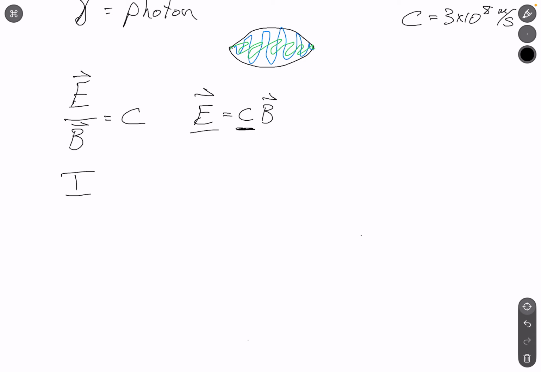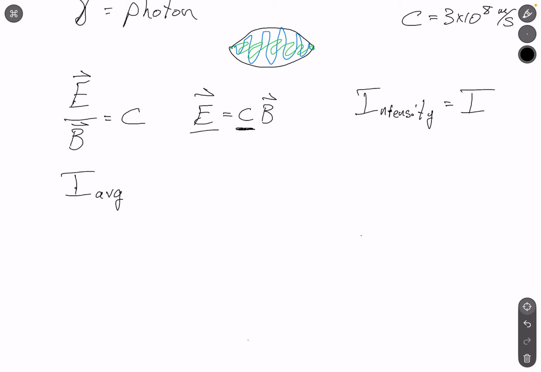So we go through and we want to figure out our intensity. Even though I'm using the symbol I, I'm really talking about intensity at this point.